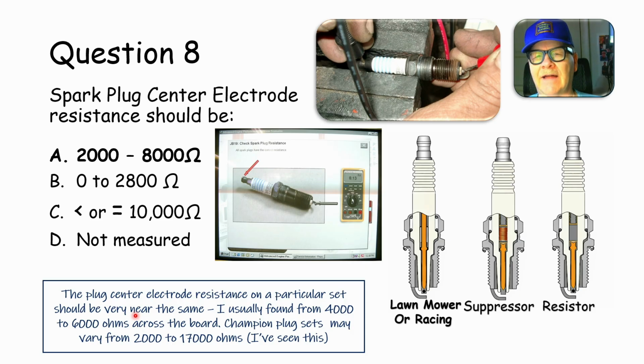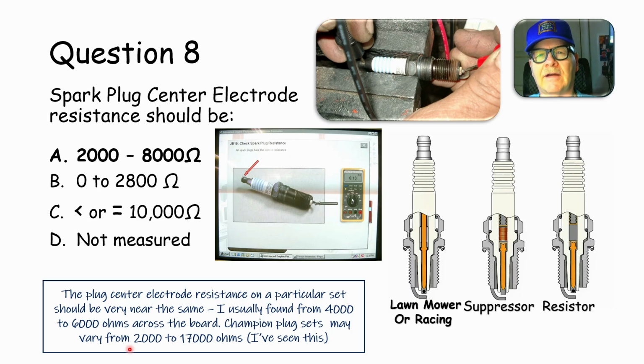And so this guy that was a Champion spark plug engineer wrote me a scathing letter telling me that it was stupid. You don't measure spark plug center electrode resistance. You're supposed to check it with a scope, blah, blah, blah. And he was just selling me down the road. And so I basically wrote him back and said, look, this is something that Ford puts in their training. You measure the center electrode resistance.